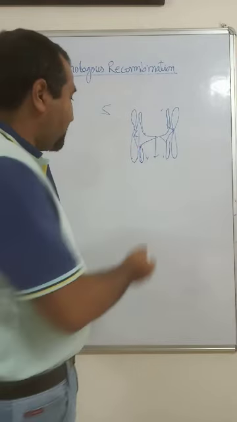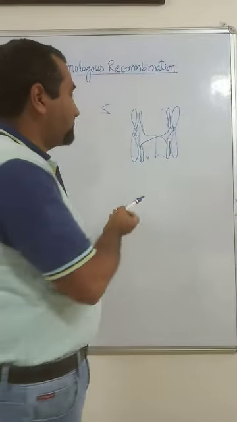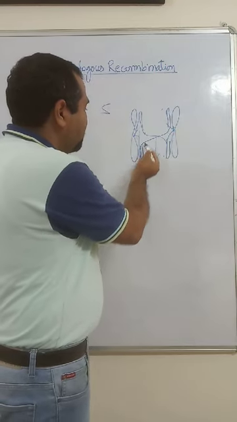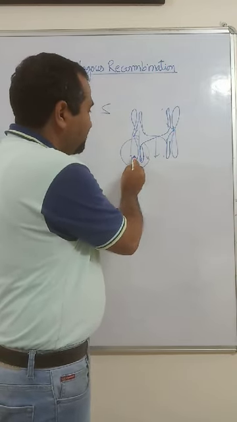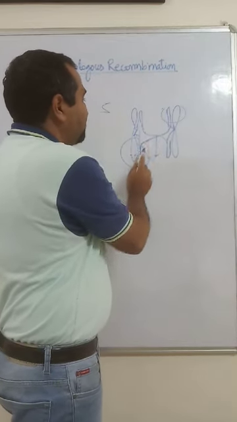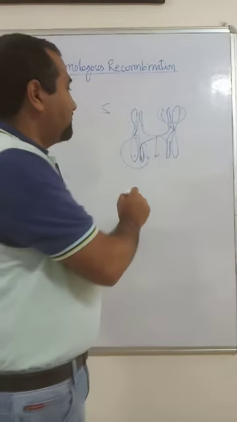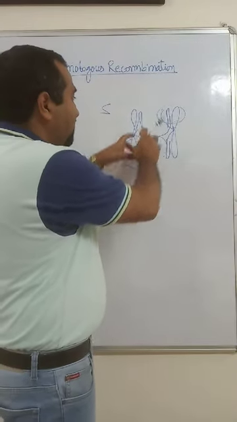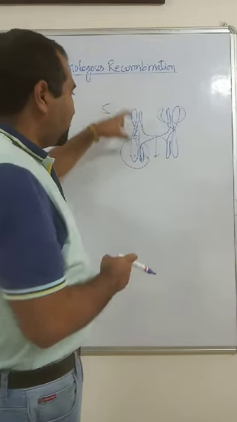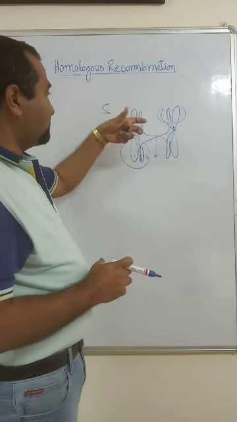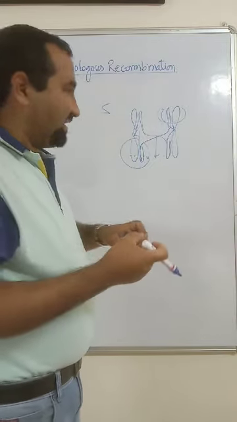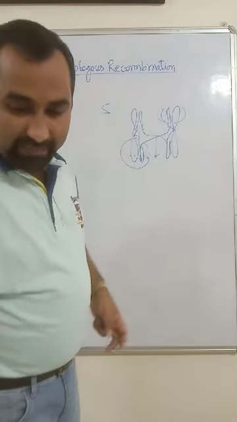So it was believed that a new combination has already taken place, because this chromosome is similar at this portion, but here it is similar to this. It means replication has taken place in such a way that complementary formation of both the chromosomes took place separately.